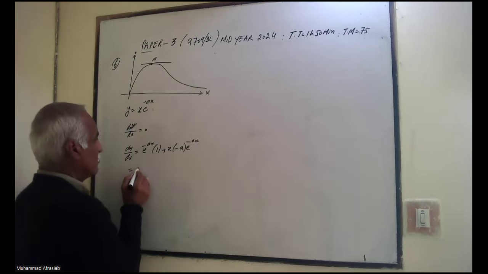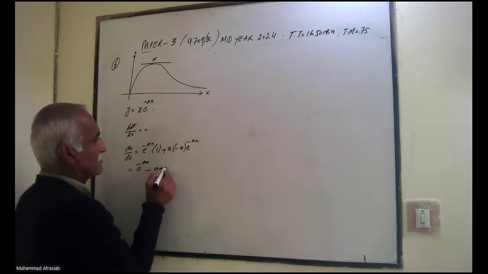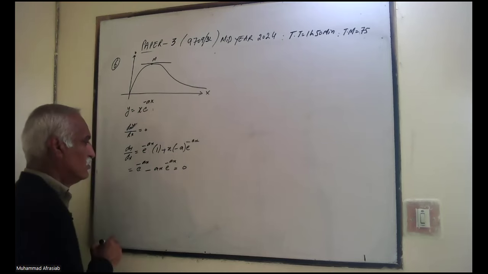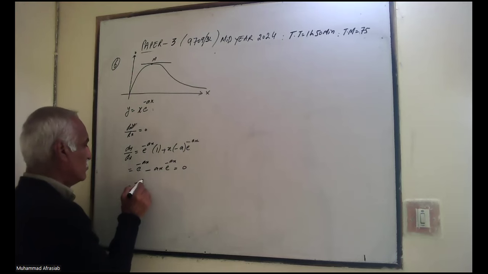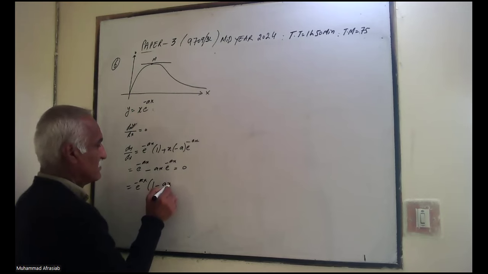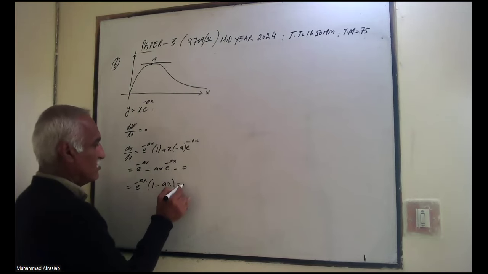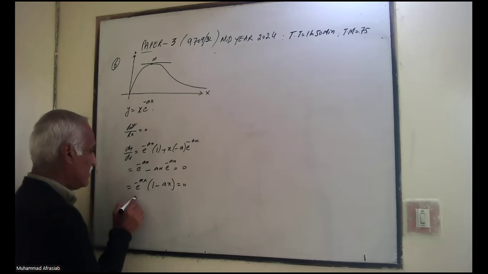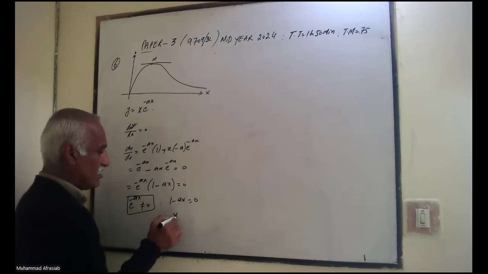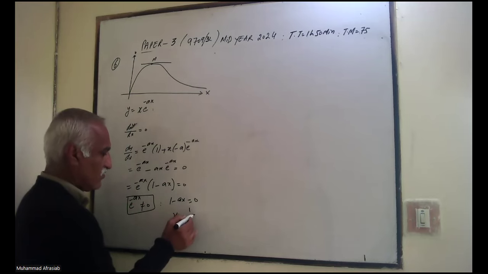So that will be equal to e power minus ax minus a x e power minus ax, and that is equal to 0, or it is equal to e power minus ax common, 1 minus ax, equal to 0. So e power minus ax is not equal to 0 because it is an exponential power. So 1 minus ax is equal to 0, or x is equal to 1 over a.